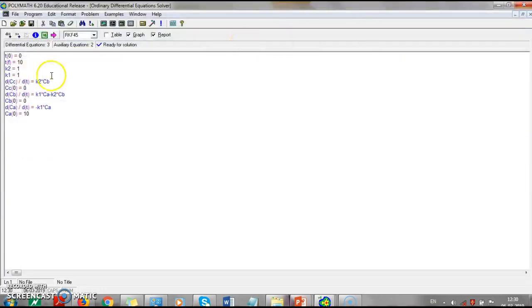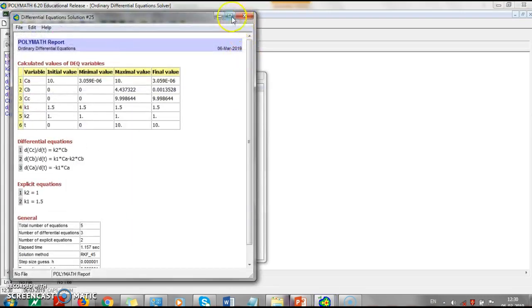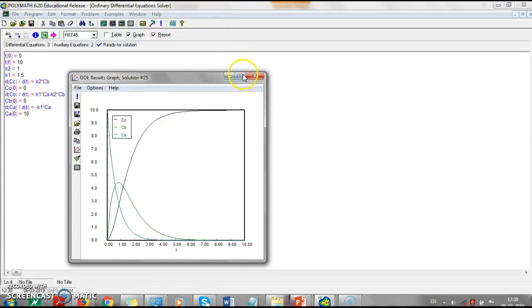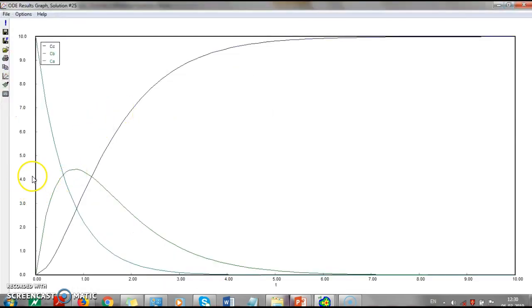Now if we change K1 from 1 to 1.5 and we simulate this, you can see that my Cb value has increased to 4.43, which is also visible here. Earlier it was between 3 and 4, now it is beyond 4.